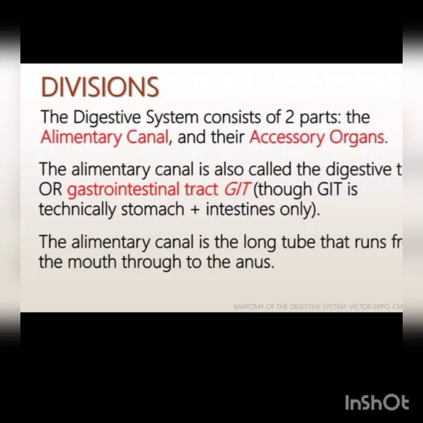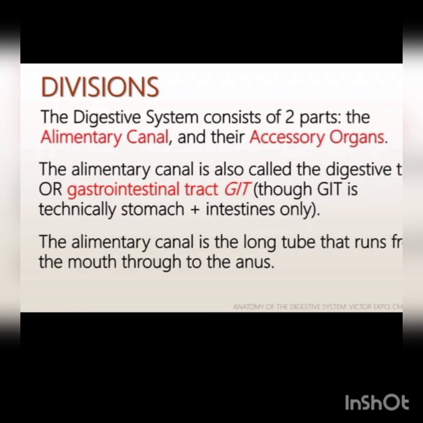Now, divisions in the digestive system. It consists of two divisions. The first division is the alimentary canal. The next one is the accessory organs. The alimentary canal extends from the mouth to the anal region or the rectum, where we pass the feces.